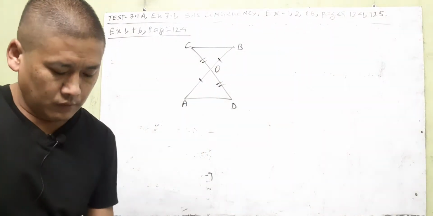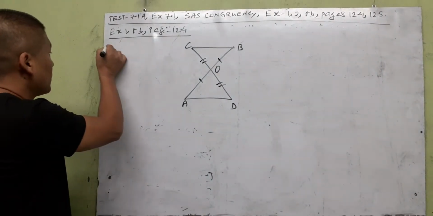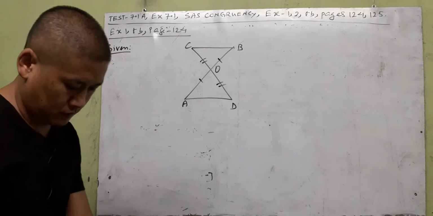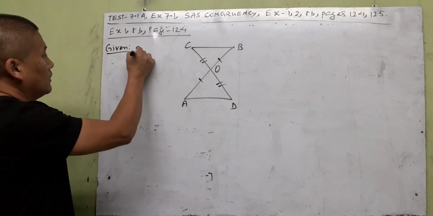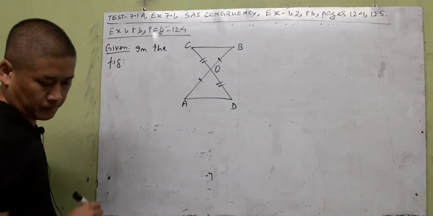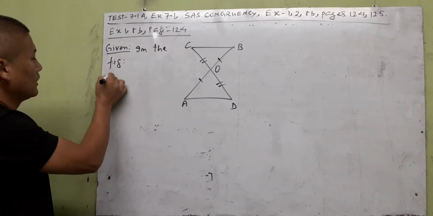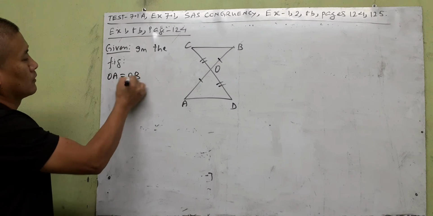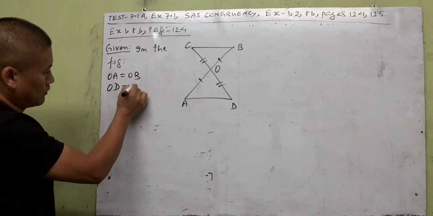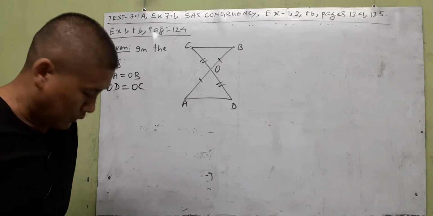So let us write them down. Given means in the question given. In the figure, OA equal to OB. It's already given in question, and then OD equal to OC. We have to prove.